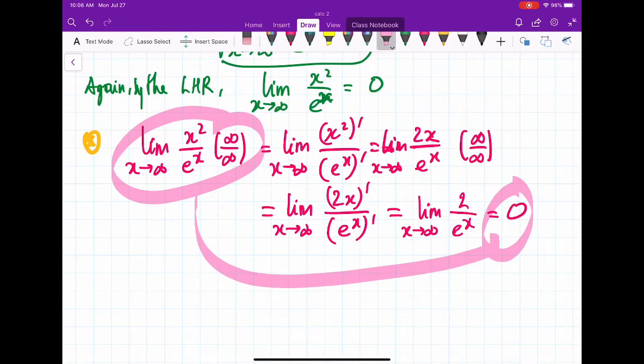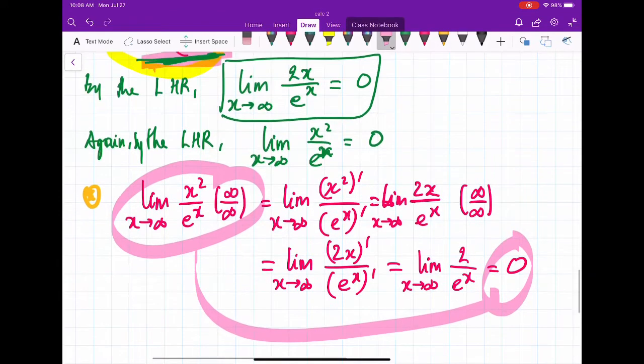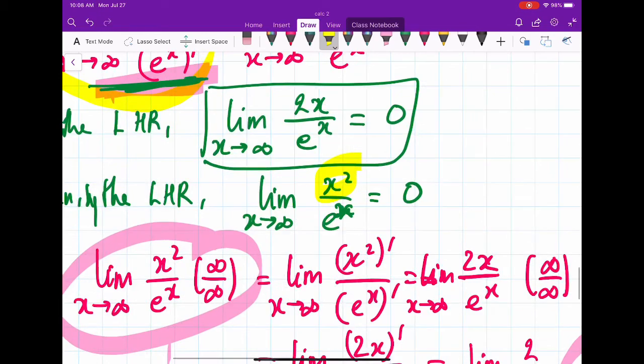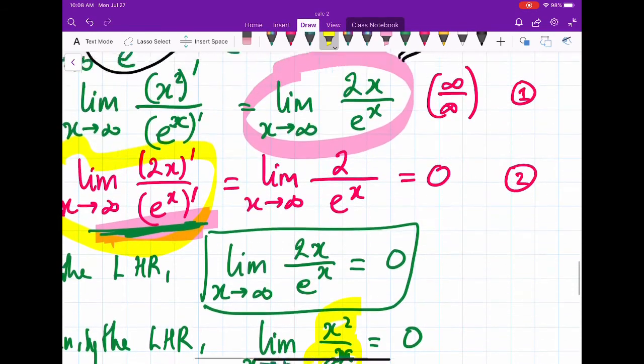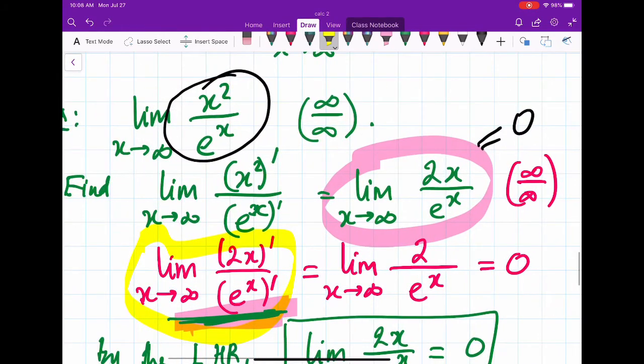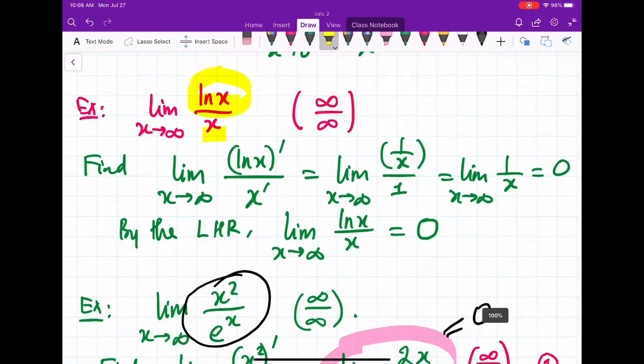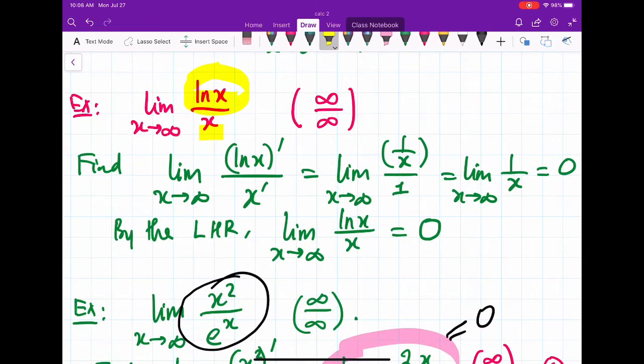Now we already have two examples: between polynomials x squared, e to the x, and the logarithmic function. Look at this. You have the quotient ln x over x. When x approaches infinity, the limit is equal to 0.